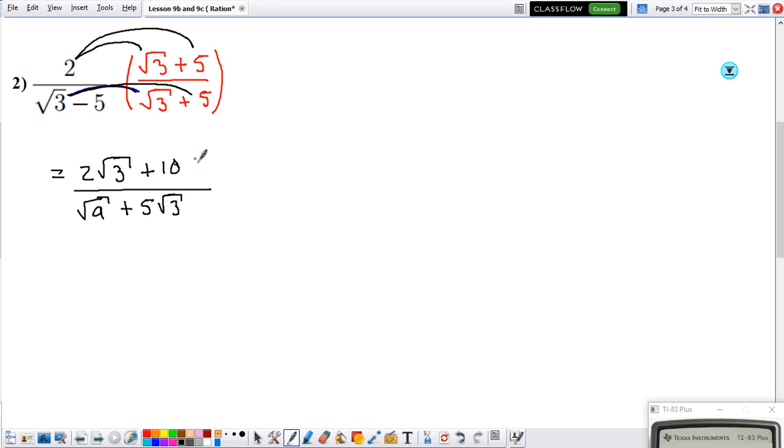Okay, that's excellent. So we're done distributing that square root of 3. Now we need to distribute this negative 5. So negative 5 times square root of 3 becomes negative 5 square root of 3. We're not done yet. Now we need to distribute negative 5 times positive 5, so that's equal to negative 25. That's good.